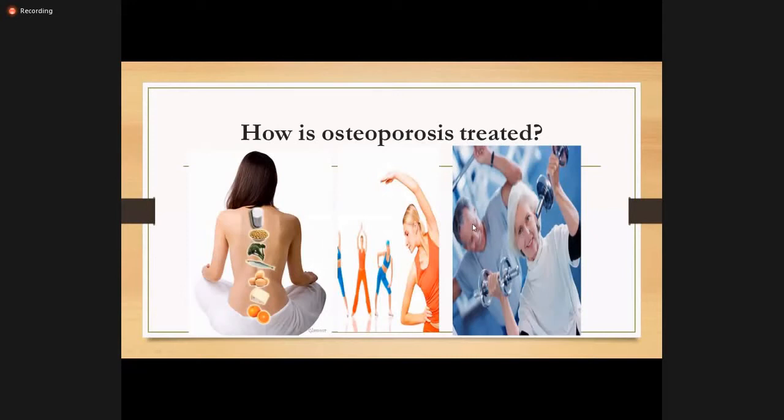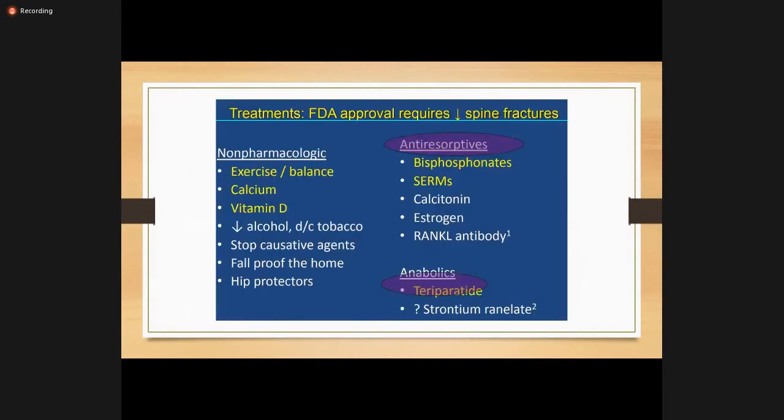Even with this, you can prevent osteoporosis for a certain period of time. Now we come to the pharmacological or drug treatment of osteoporosis. The non-pharmacologic measures are calcium, balance exercise, vitamin D, decreasing alcohol, and stopping smoking. If there are any causative agents leading to osteoporosis, try to eliminate them.